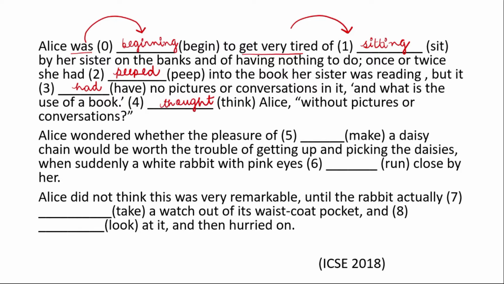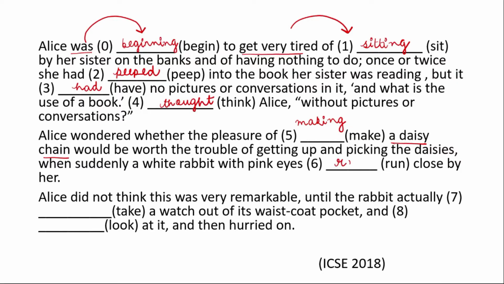Alice wondered whether the pleasure of dash a daisy chain. It is an action, therefore it will be ing. So the pleasure of making a daisy chain would be worth the trouble of getting up and picking the daisies when suddenly a white rabbit with pink eyes dashed close by her.